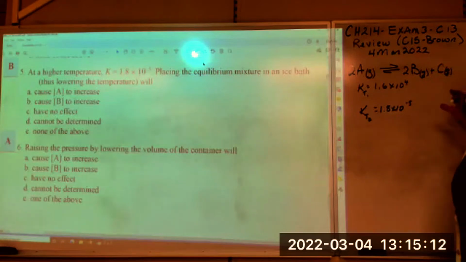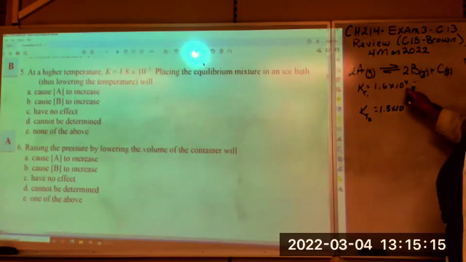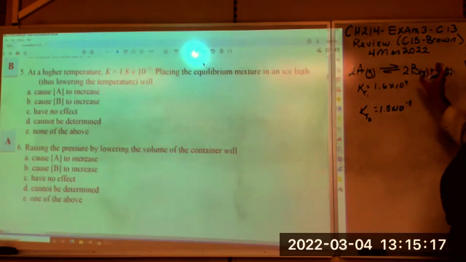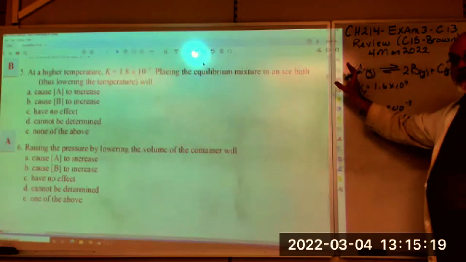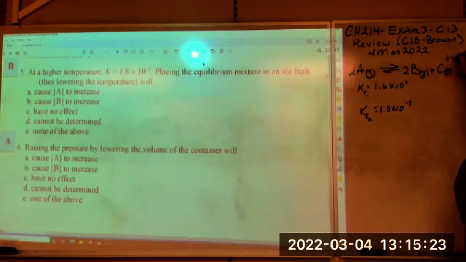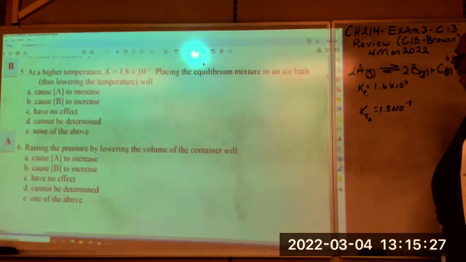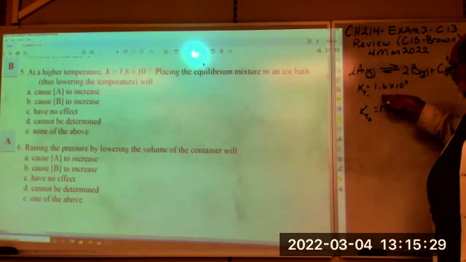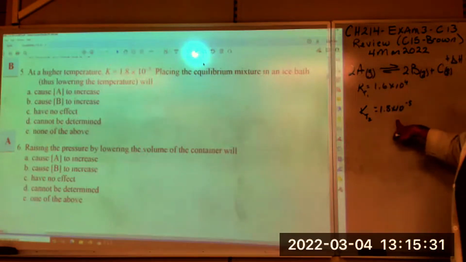So if we increase the temperature, it shifts from favoring products to favoring reactants. So it means it's exothermic. Because if we add heat here, it shifts things that way, right? And that makes the K much smaller.